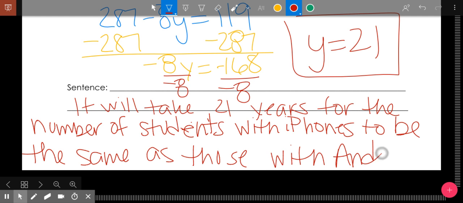And that is answering my question for my word problem. So that is that word problem.